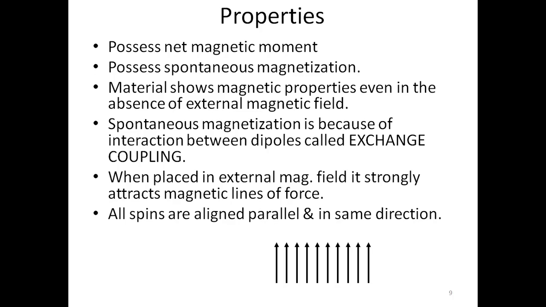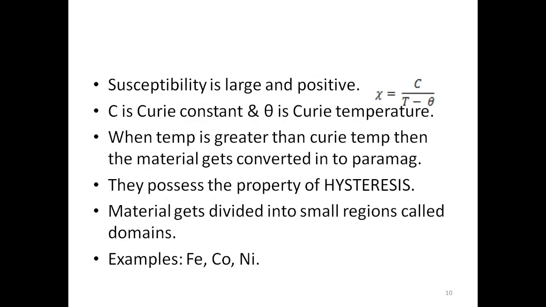Now, they will strongly attract the magnetic lines when placed in a magnetic field. The magnetic materials strongly attract the magnetic lines of force, and you can see the spins are exactly aligned parallel and in a particular direction. So all the spins are aligned in the same parallel direction.